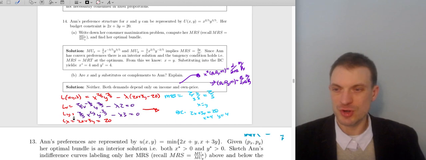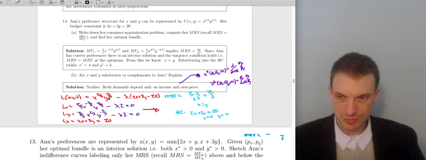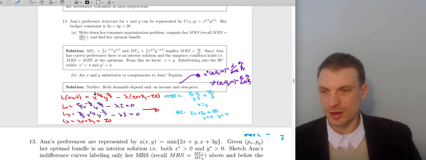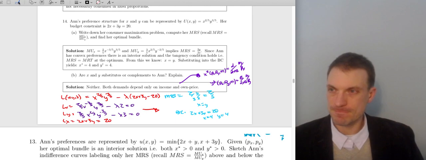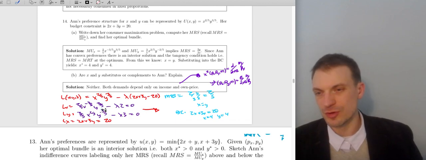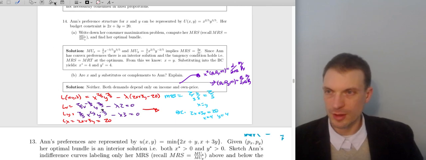Then I'm going to take the partial with respect to y. This 3/5 comes out front, reduce this power by 1. Oh, I wrote this as 3/5, that has to be a 2.